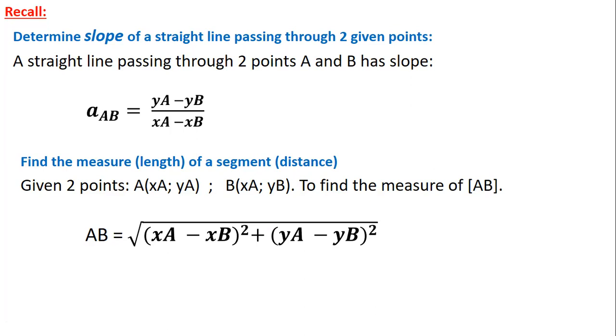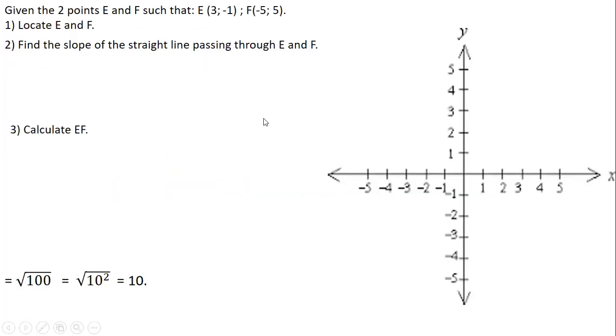Also, we learned how to find the measure or the length of a segment, or we call it a distance. We have seen that after locating 2 points in a system of axes, we get a segment, and any segment we can determine its measure or its length. So given 2 points A, which has XA and YA, point B, which has XB, let me correct this, sorry.